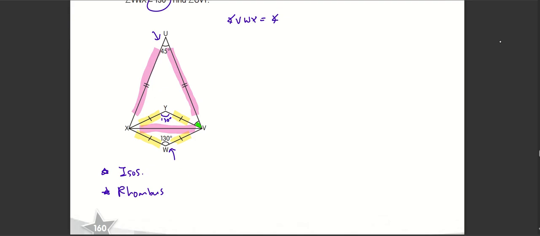So that's angle VWX, and it's the same as VYX. That's also 130 degrees. With that, I can find this angle here, because of the isosceles triangle formed by the rhombus. So that's angle YVX or XVY, that's the same thing.